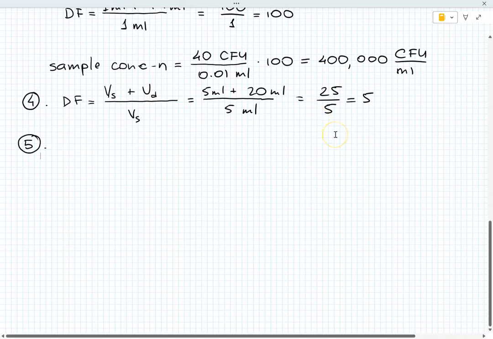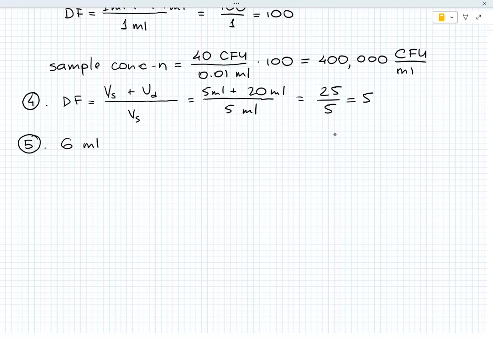Problem 5. Sample is urine. Everybody agrees? Okay, this is right. And we added 30 ml of water.